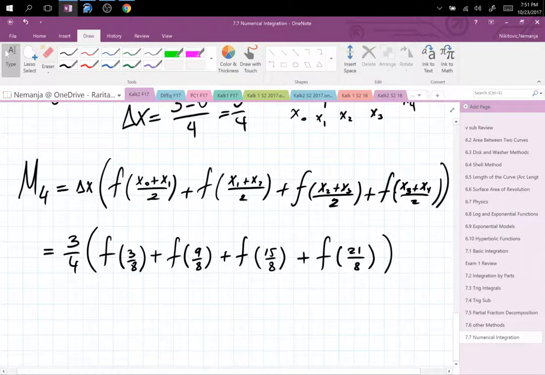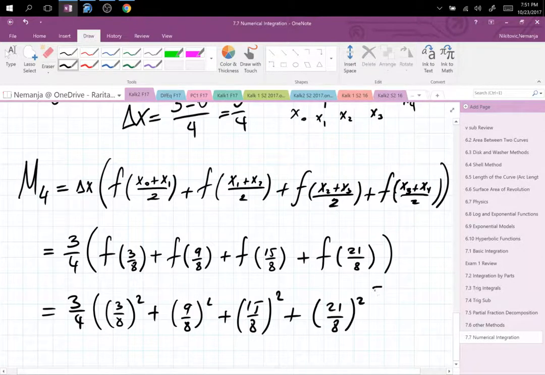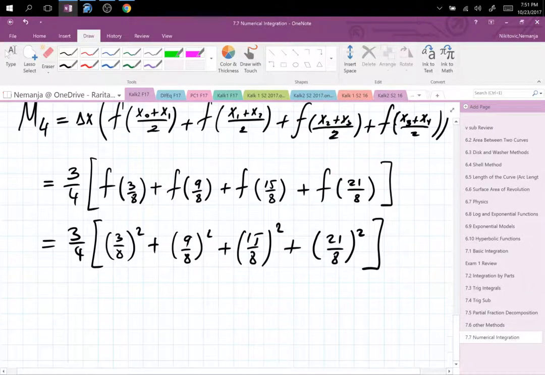The function is x squared. So 3/4 times 3/8 squared plus 9/8 squared plus 15/8 squared plus 21/8 squared. I should be using these square brackets, they're better. And I just compute this. It's equal to a number.